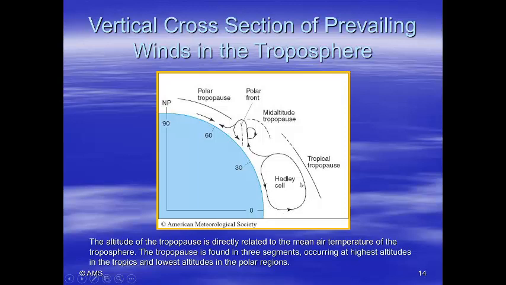It hits the top of the troposphere, called the tropopause, and we get patterns that look like this. At 30 degrees north, we get divergence. And what we have here is a permanent front called the polar front. So this is cold air to the north of the front and warm air to the south of the front.